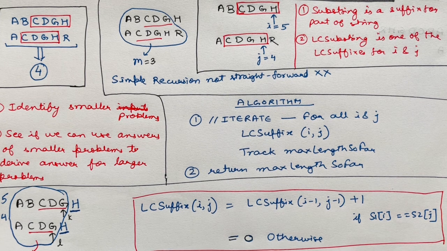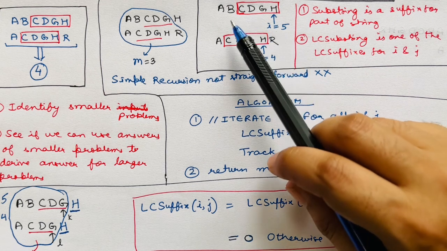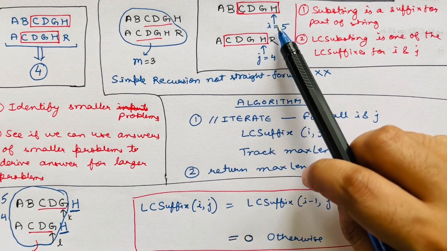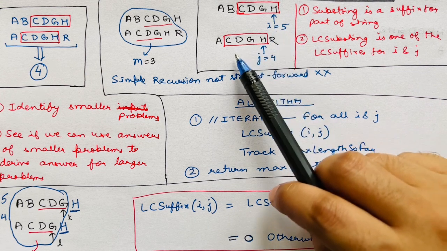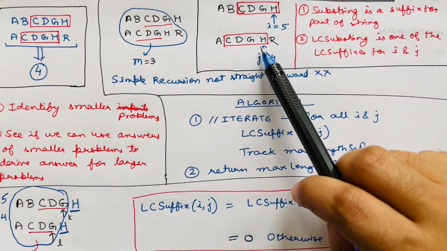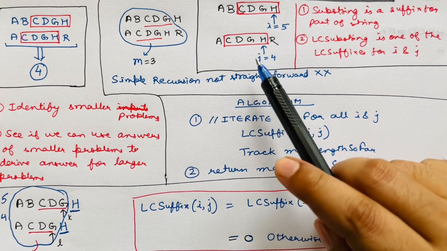But when we say longest common suffix for first i characters and first j characters, then if we have to check the last character, it won't be denoted by i and j. For example, here we are considering first 6 characters, but the last character is denoted by index 5. Here we are considering first 5 characters, but the last character is denoted by index 4.